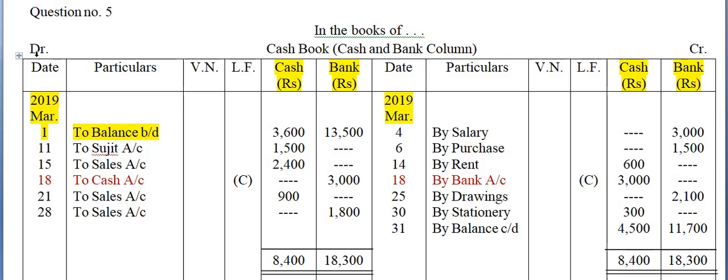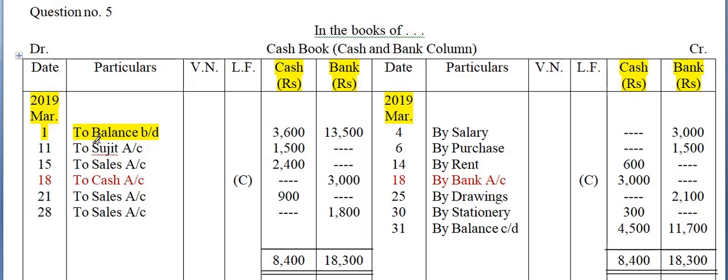So debit side is the receipt side and credit side is the payment side. Whenever you receive money, you will record in the debit side, and whenever you make a payment, it will go towards the credit side.